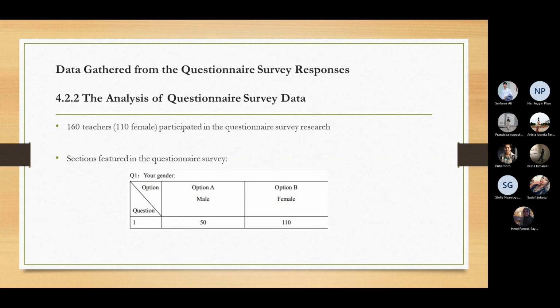I mean that he saw that most of the people, if selecting A, were giving the most priority to their data, or to their matter. So it doesn't matter whether selecting A or B here, because this question is related to the background. So in the first question, 50 were male, and 110 were female.